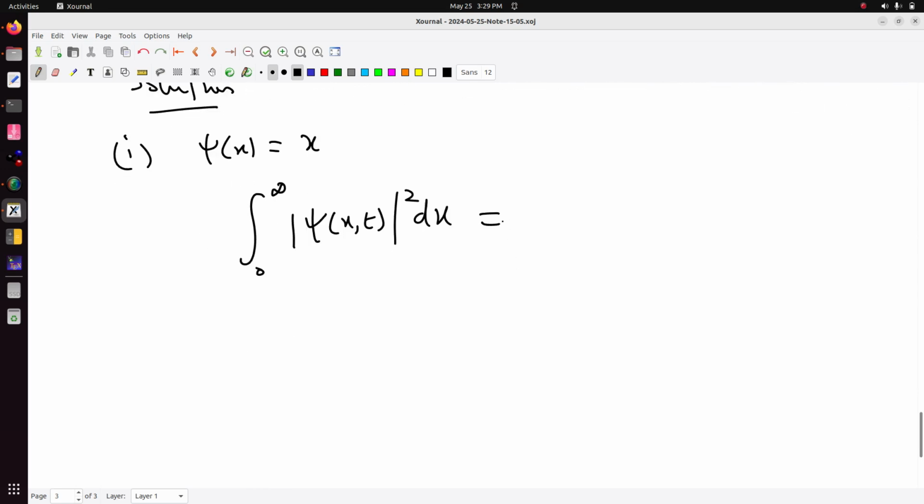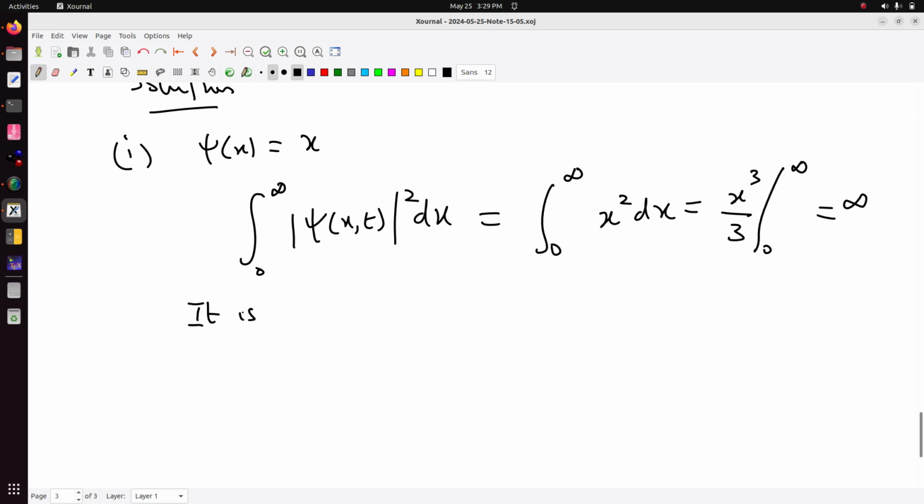Modulo psi squared is just x squared because x is real. So x squared dx, and if we integrate this, we have x cubed over 3 from 0 to infinity. This will give us infinity. So, sorry, let me say the wave function psi of x equals x is not square integrable.